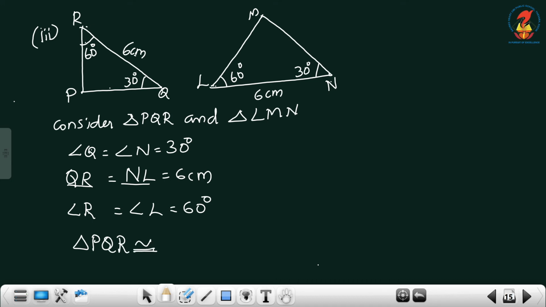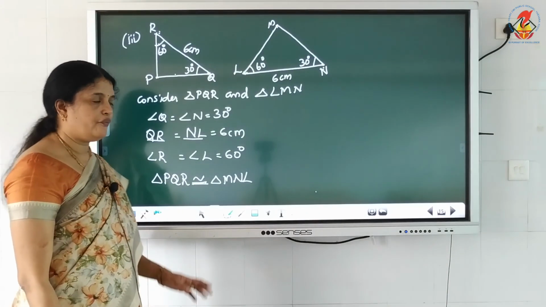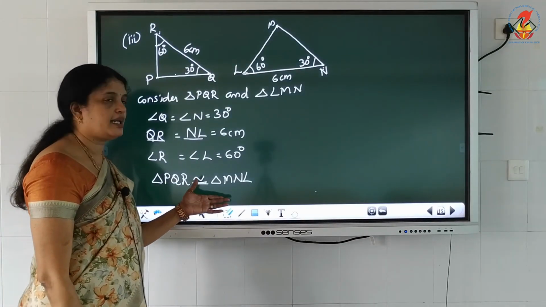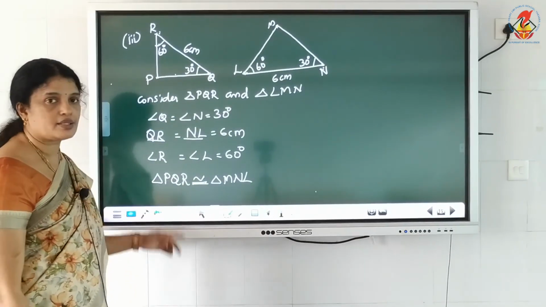You start from vertex P, Q, where Q indicates 30 degree, then R. The same thing, you start from M, N, L. By ASA congruence criterion, we can write triangle PQR congruent to triangle MNL. This is the symbolic form of this congruent triangle.